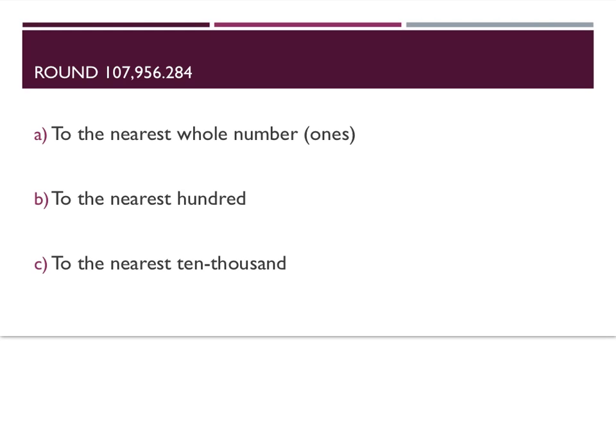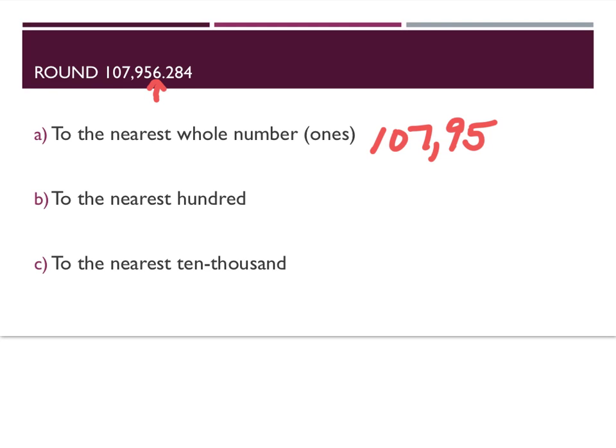What if I want to round to the nearest 1, the nearest whole number? Now the difference here, we're still rounding to the left of the decimal point, but I do have a decimal point. So let's be careful. How we find the nearest whole number is going to be that 6 right there. Everything to the left of the number we're rounding stays the same.